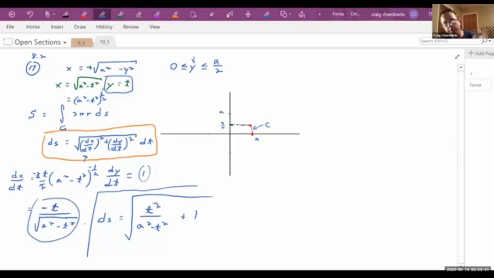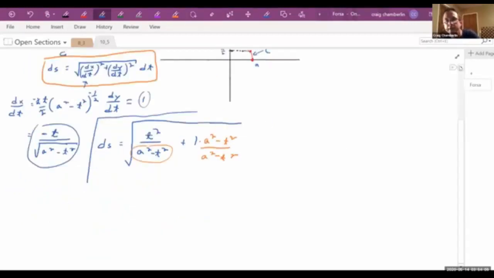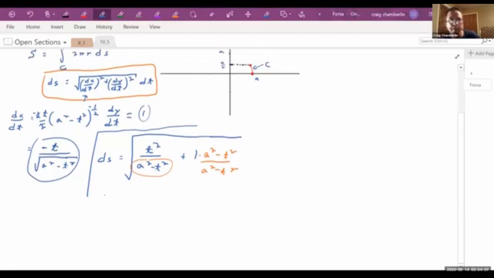But then look, if you think of 1 in terms of what the common denominator would be, you'd want to multiply 1 by a squared minus t squared, top and bottom, right? And get a single fraction underneath that radical. That's going to be helpful because things are going to cancel nicely if we do that. Square roots are going to go away if we do that.